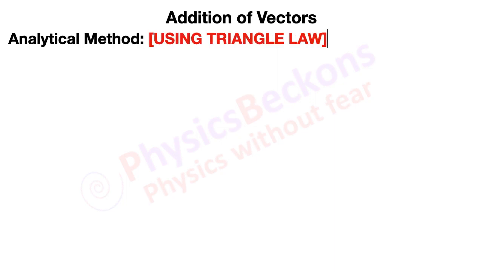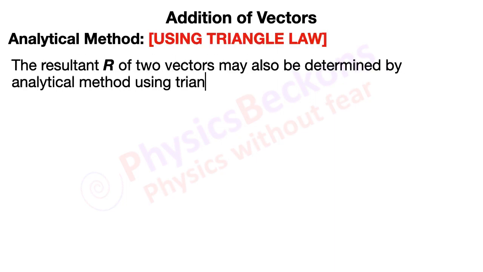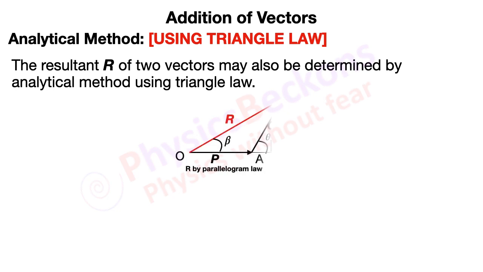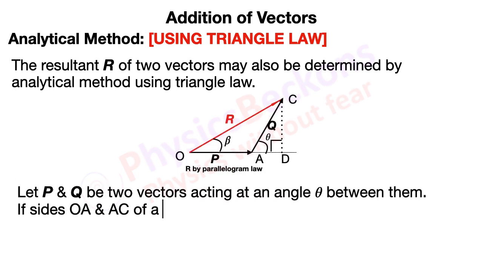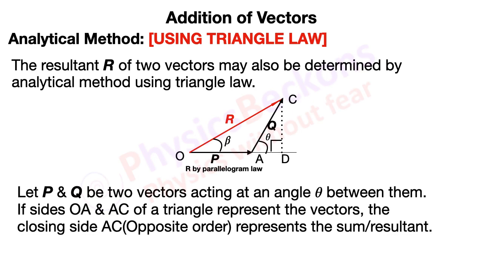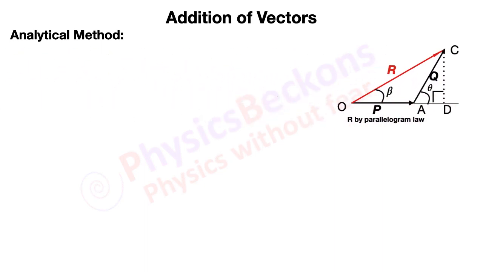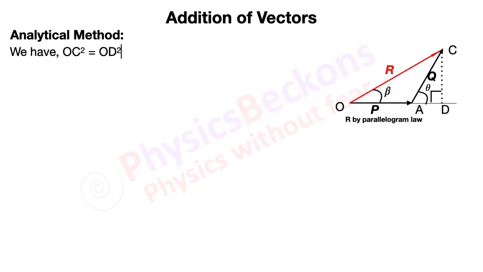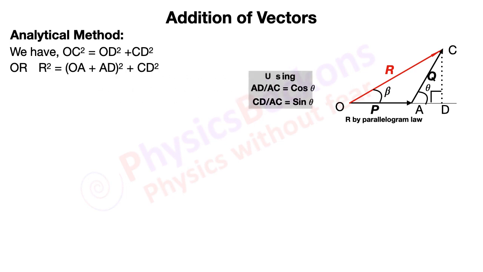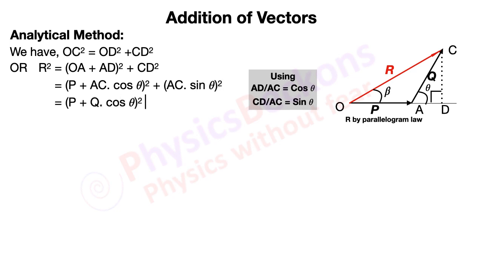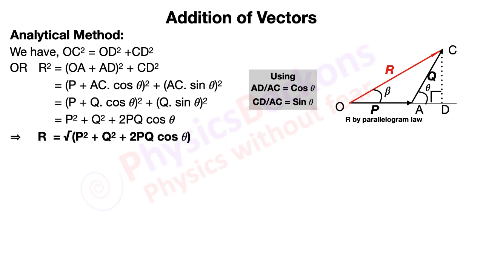The analytical method of getting the resultant of two vectors: we get R mathematically as square root of P square plus Q square plus 2PQ cos theta.